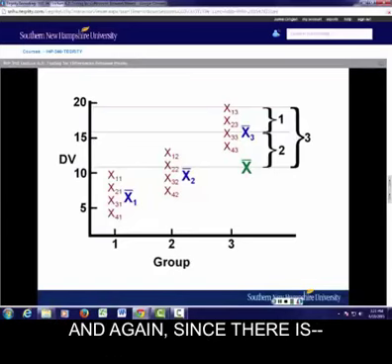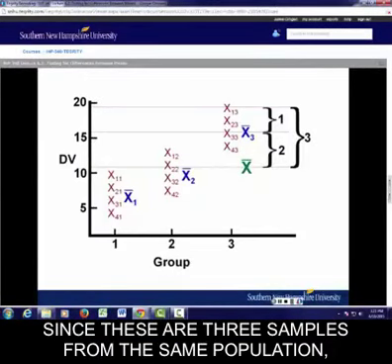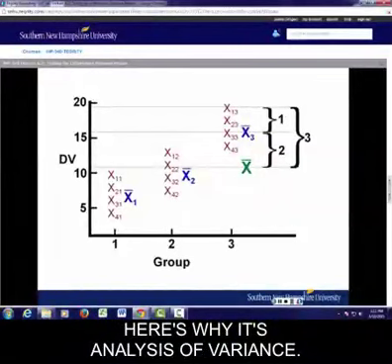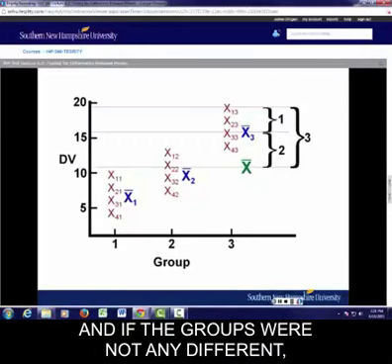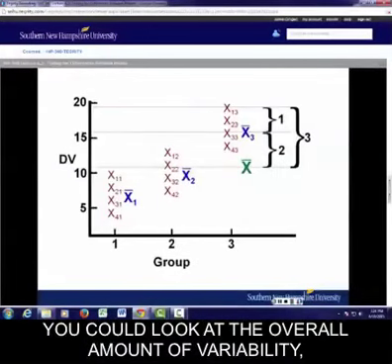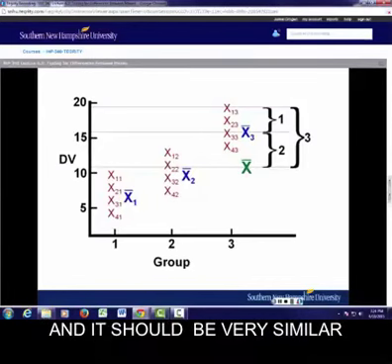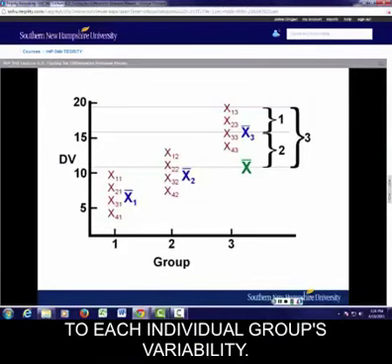And again, since these are 3 samples from the same population, here's why it's analysis of variance. If these are 3 samples from the same population, and if the groups were not any different, you could look at the overall amount of variability, and it should be very similar to each individual group's variability.